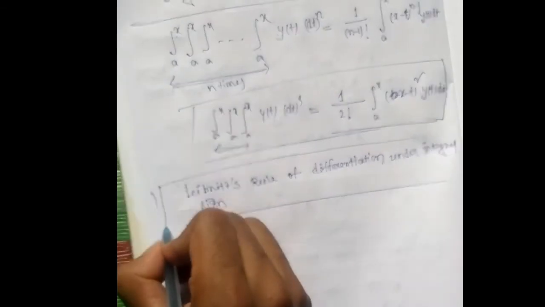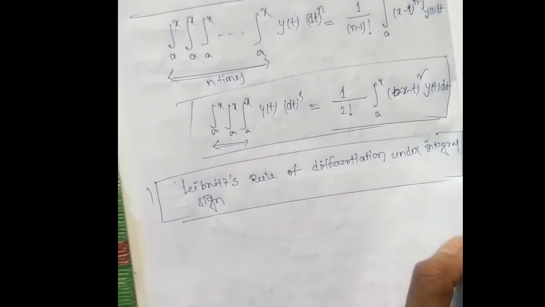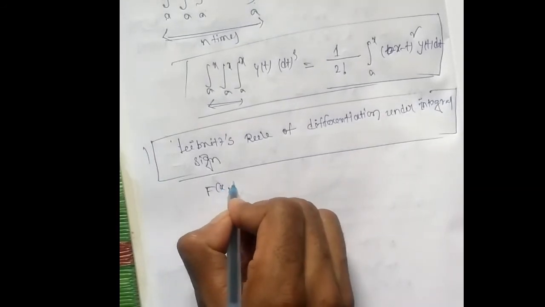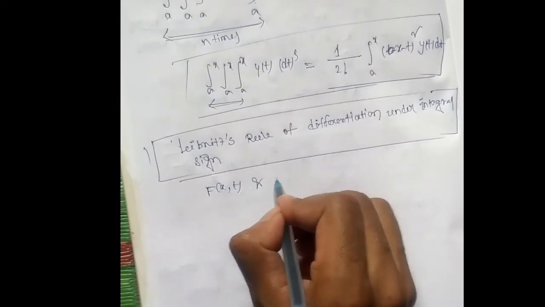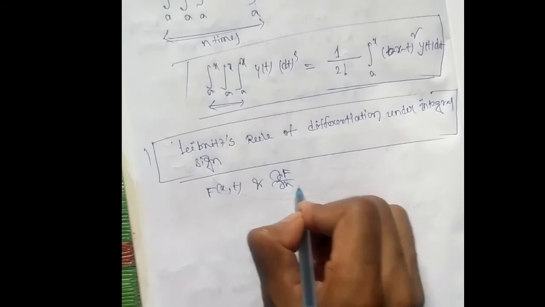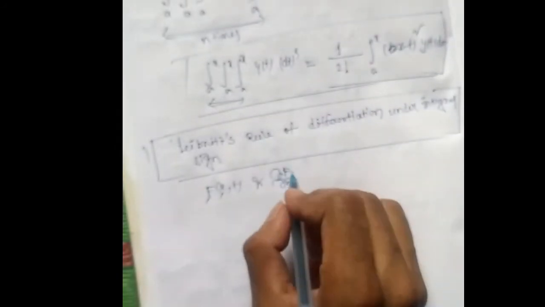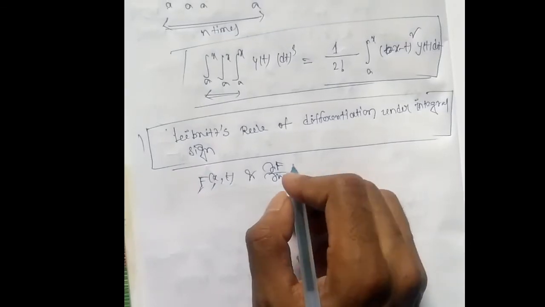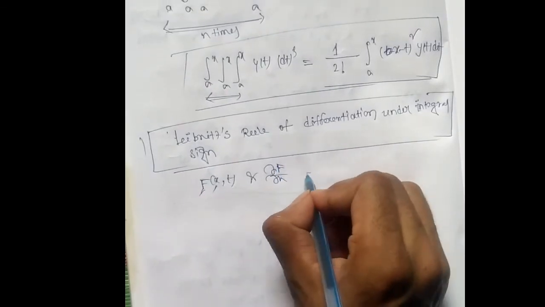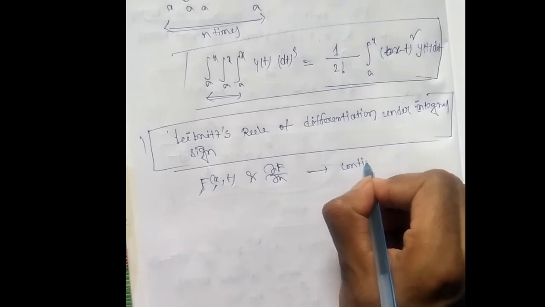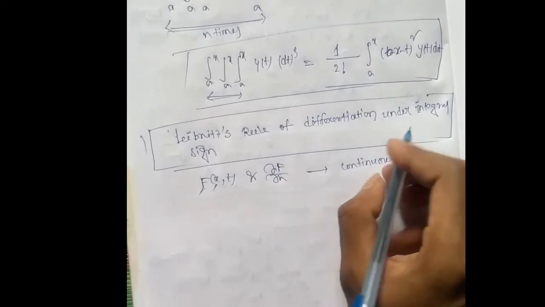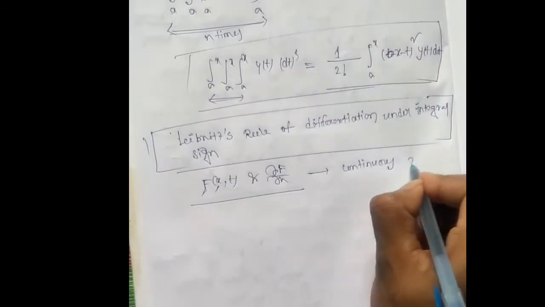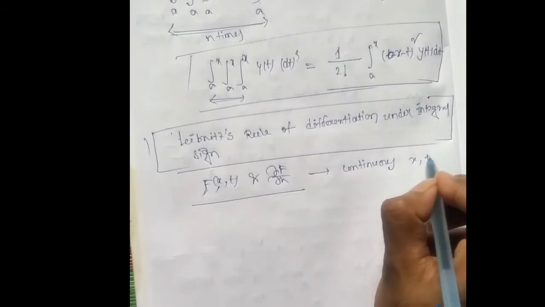Leibniz rule of differentiation under the integral sign. This is very important. Suppose f(x,t) and ∂f/∂x, that is the partial derivative with respect to the first variable, are both continuous functions of x and t.